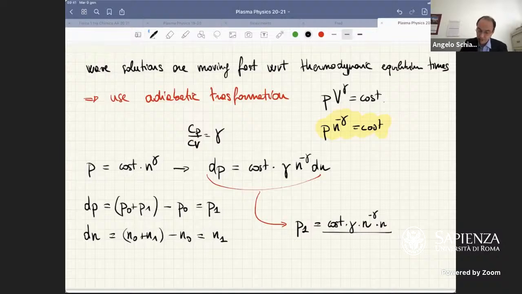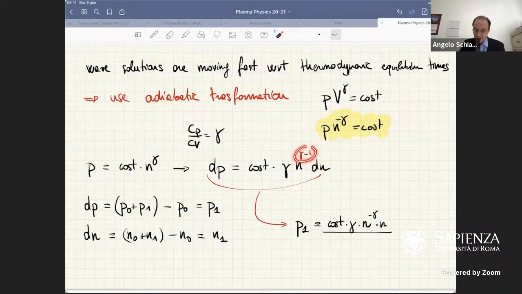I forgot in the derivative, no one noticed it, but there's a gamma minus 1. I think that most of you are sleeping. You didn't notice that the derivative was actually completely wrong. Okay, so we have gamma times n to the minus gamma.